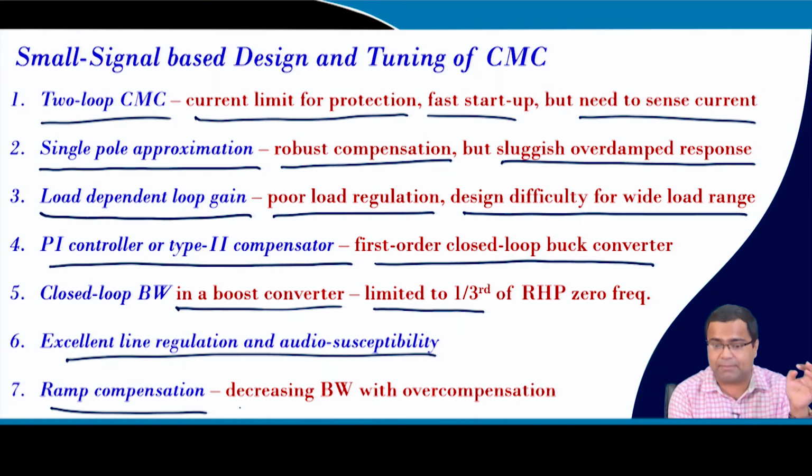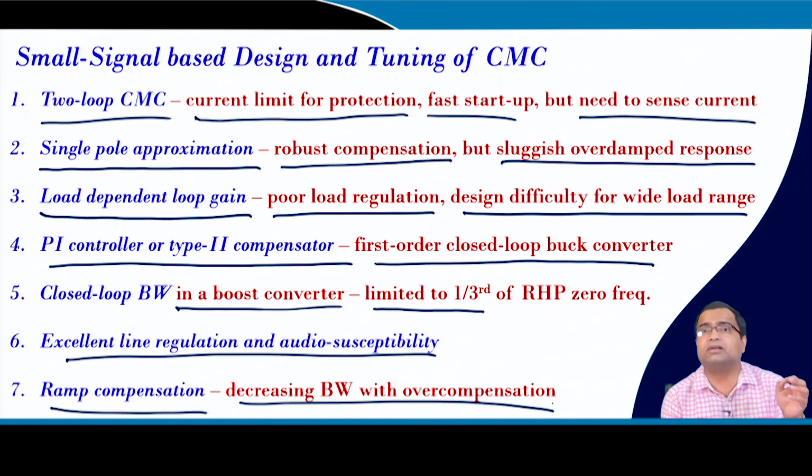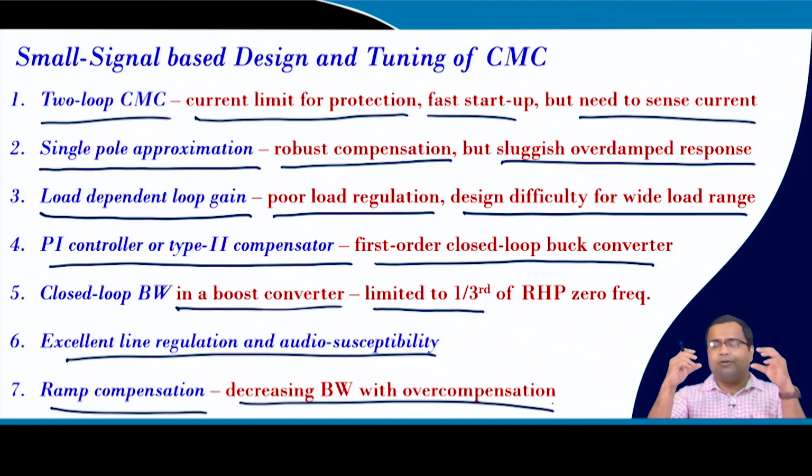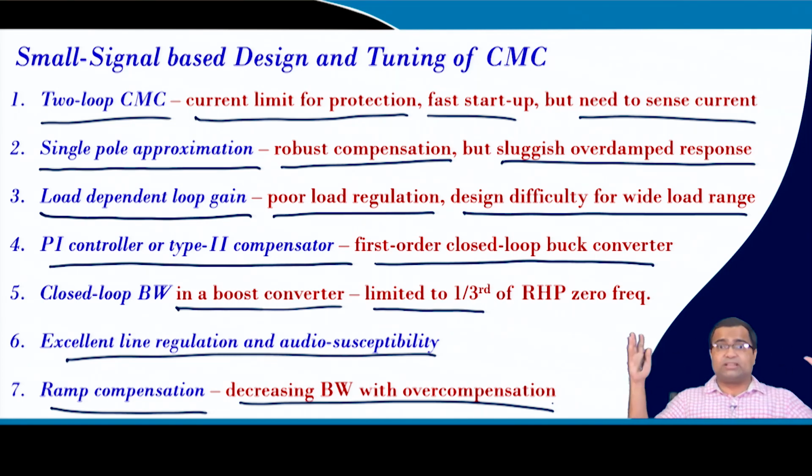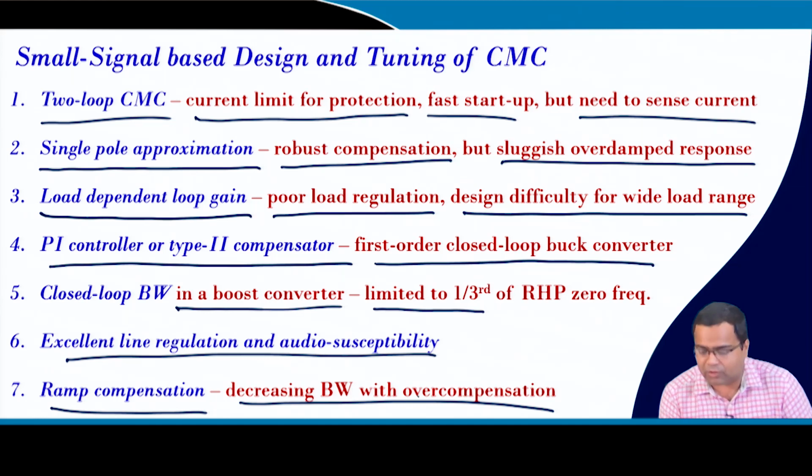If you increase the ramp slope, then the bandwidth will decrease. And if you go for, let us say, a worst case based design of the off-line current mode control, we often need to consider the highest ramp, in order to make sure the current loop is stable for the entire input voltage range, and this overcompensation can reduce the bandwidth.